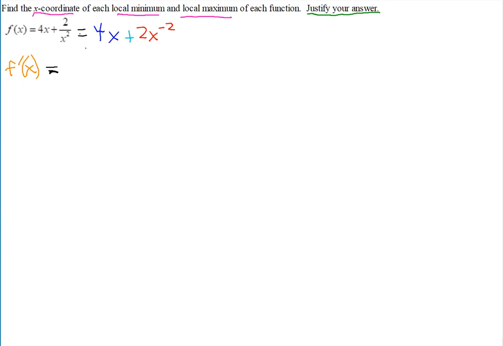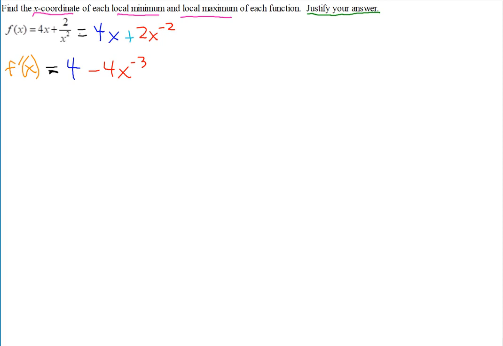So the derivative of 4x is 4. And then we use the power rule. Negative 2 times 2, that's going to be negative 4, x to the negative 3. All right, so on this one, it's a little bit different in terms of how you simplify.